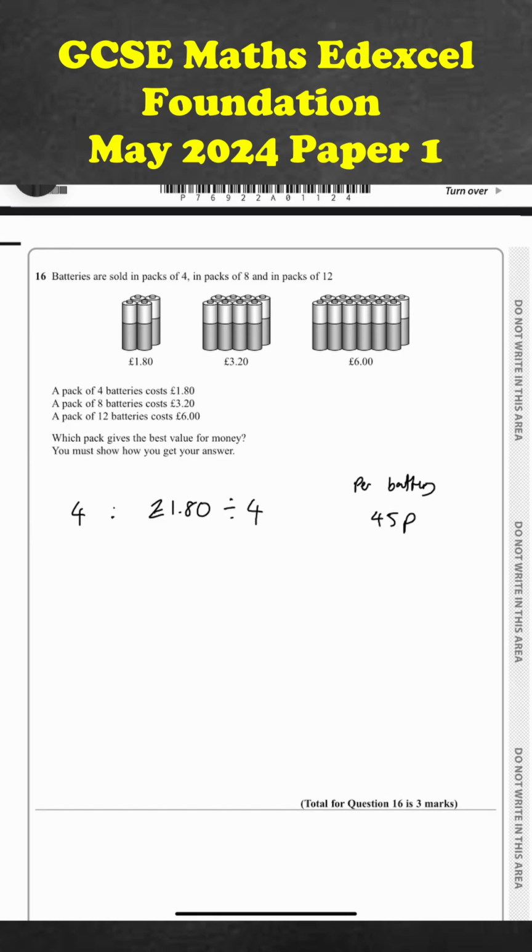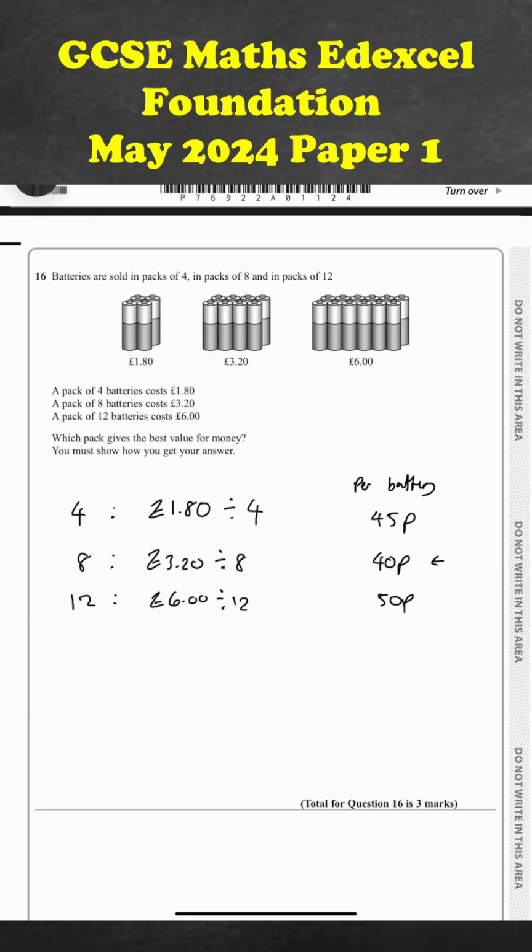And then for 8, it's going to be £3.20 divided by 8. So it's going to be 40p per battery. So that currently is cheaper. And then 12 is going to be £6 divided by 12. And that's going to be 50p per battery.